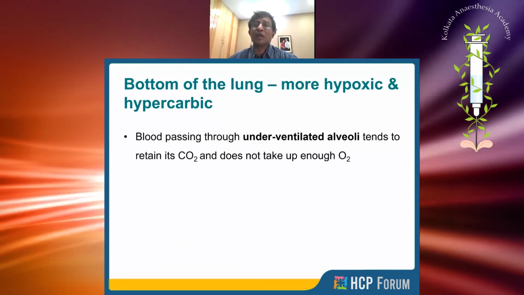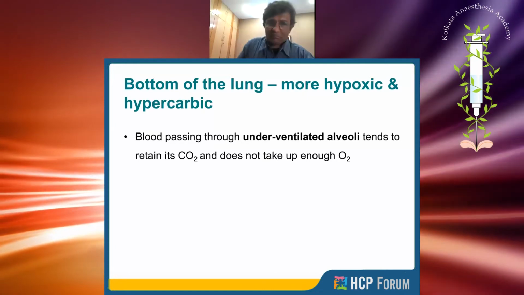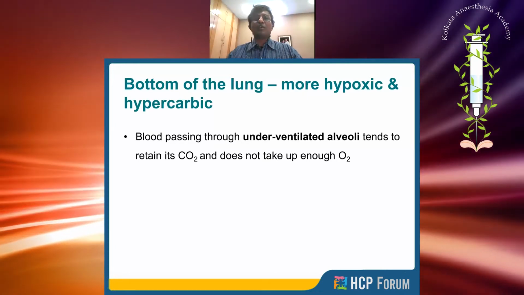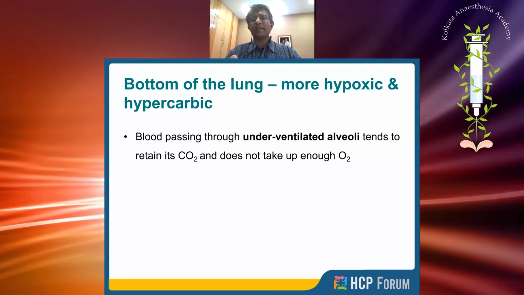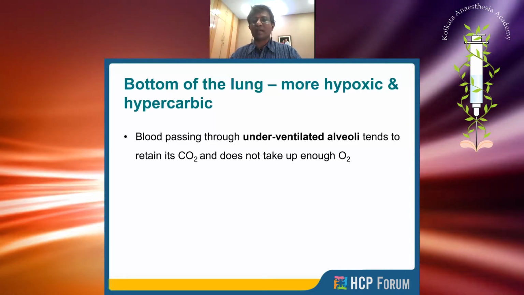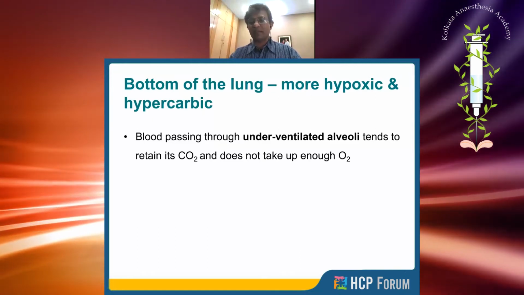This is when you understand the carbon dioxide dissociation curve and the oxygen dissociation curve. The blood, when it is passing through an underventilated alveoli, tends to retain its carbon dioxide and does not take up enough oxygen.